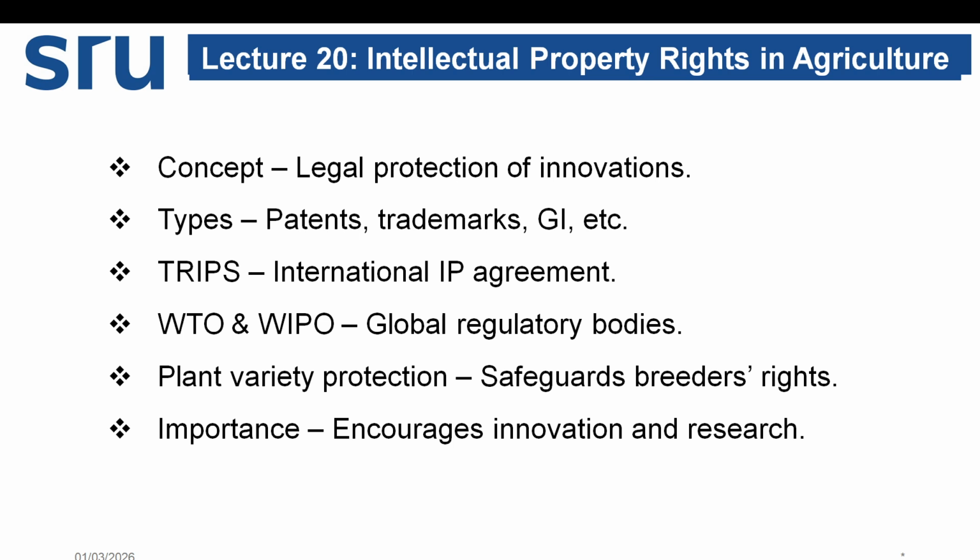Patents, trademarks, geographical indications, etc. Then institutions like TRIPS, the international IP agreement, and WTO and WIPO, the global regulatory bodies. Then plant variety protection, which safeguards the breeder's rights. And at last, the importance of IPR.